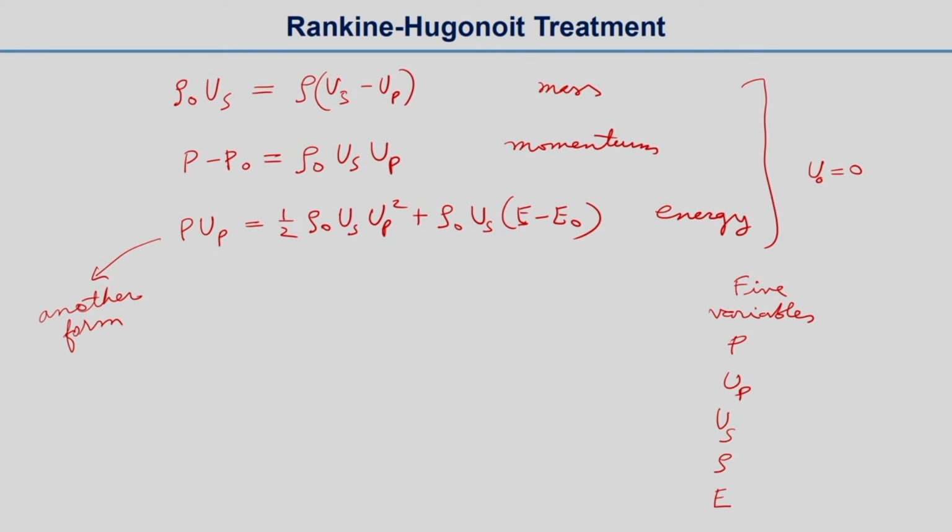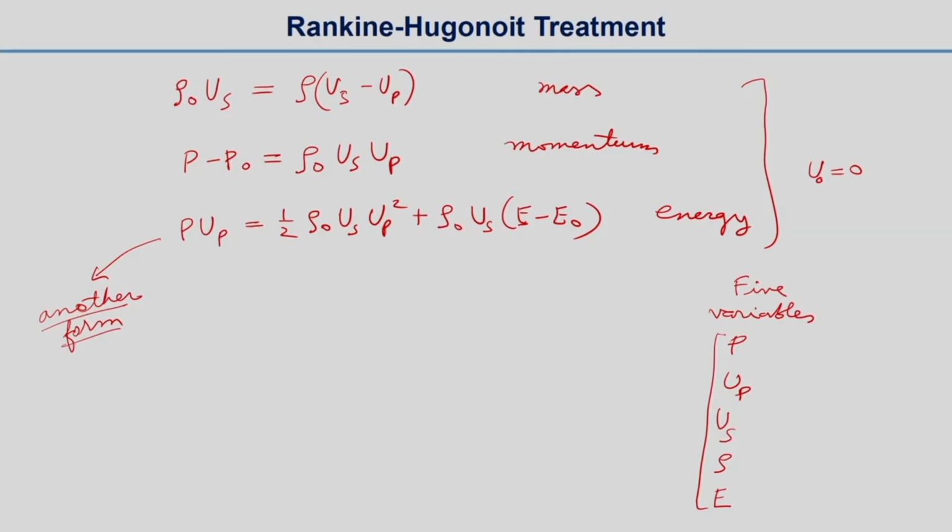So we will require one more relation. We will discuss that later, because we have 3 equations and 5 variables. If we get one more relation, then we can determine these shock wave parameters in terms of another one. So that we will discuss.